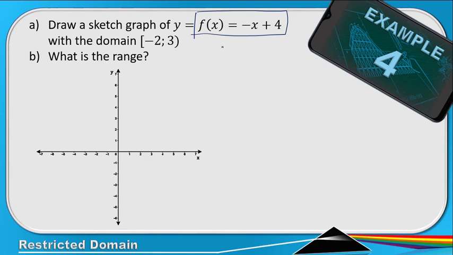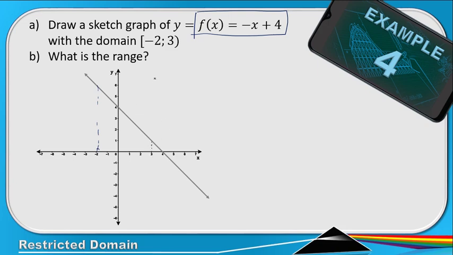Now, I'm not going to go into detail into drawing this actual graph, but if we should draw this graph just like a normal graph, it would look like this. Okay, but the difference with this graph is that it is restricted, meaning from -2 to 3. So the graph does not exist before -2, and it does not exist after 3.